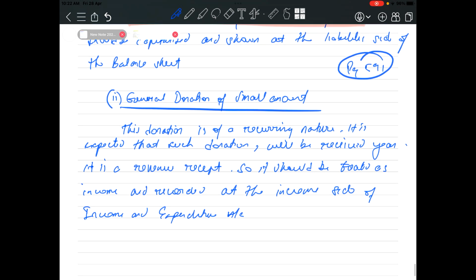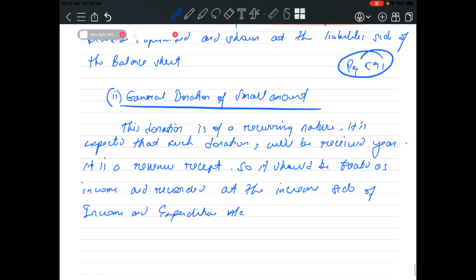I hope this is clear. What is general donation? General donation of small amount is of recurring nature, means we will receive this donation every year.